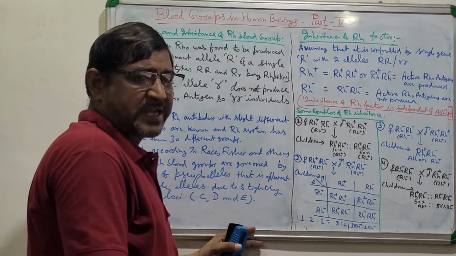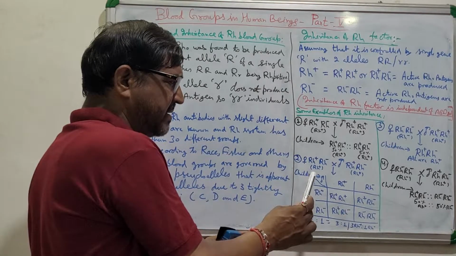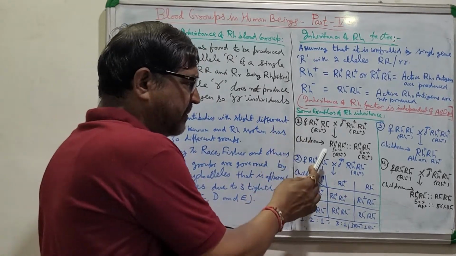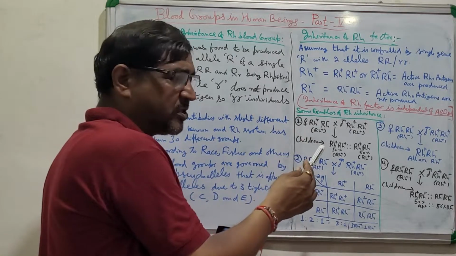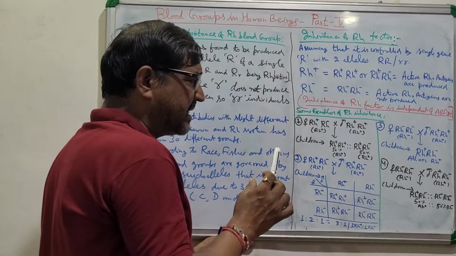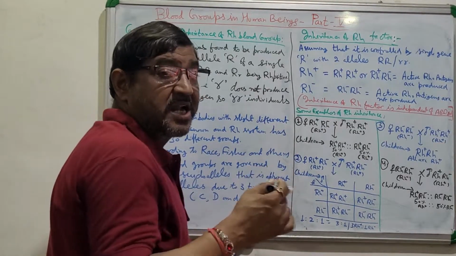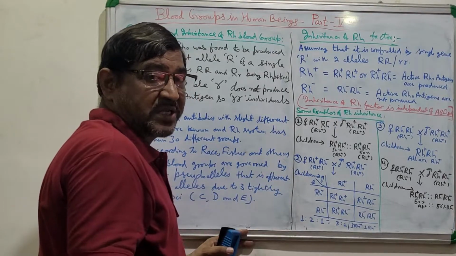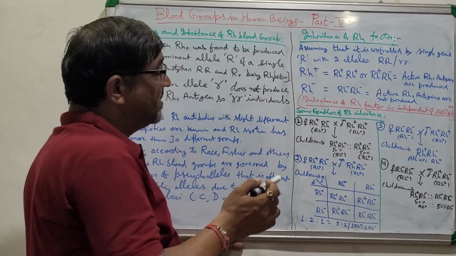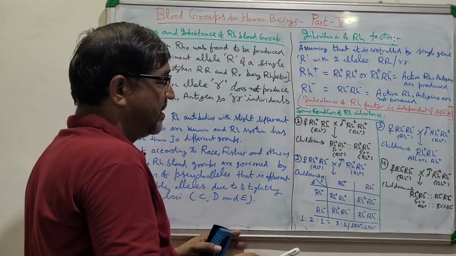Now you see 50%, 50% you are getting, but all are Rh positive. 50% are Rh positive in the homozygous condition. The other 50% children are Rh positive, but in heterozygous condition. So that has to be considered properly. Of course, all children have Rh positive blood group.